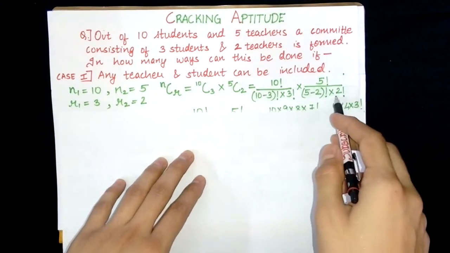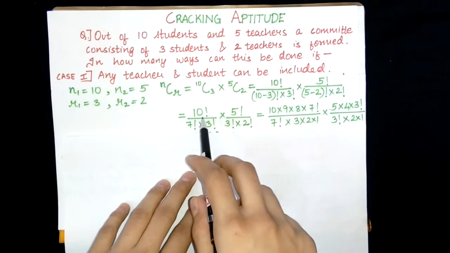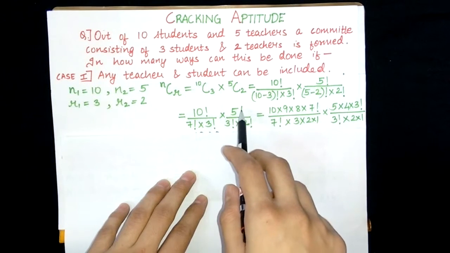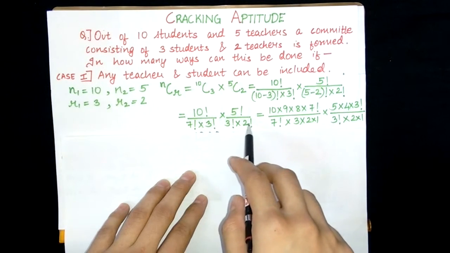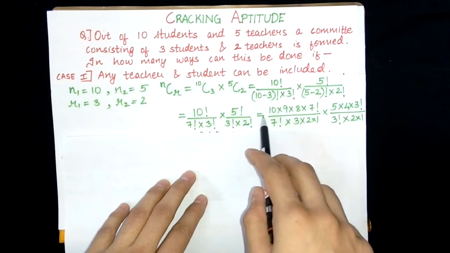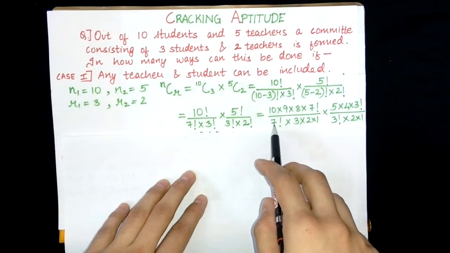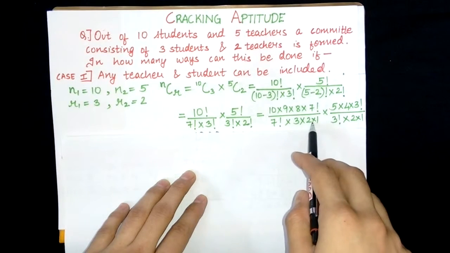Now when you solve this further, you get 10 factorial divided by 7 factorial into 3 factorial, into 5 factorial divided by 3 factorial into 2 factorial, which is equal to 10 into 9 into 8 into 7 factorial divided by 7 factorial into 3 into 2 into 1, into 5 into 4 into 3 factorial divided by 3 factorial into 2 into 1.